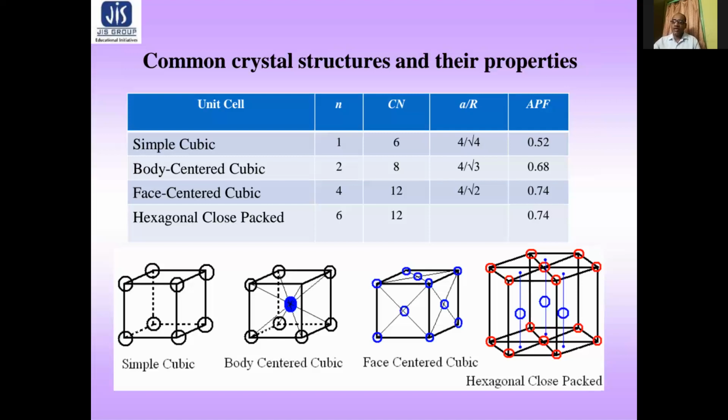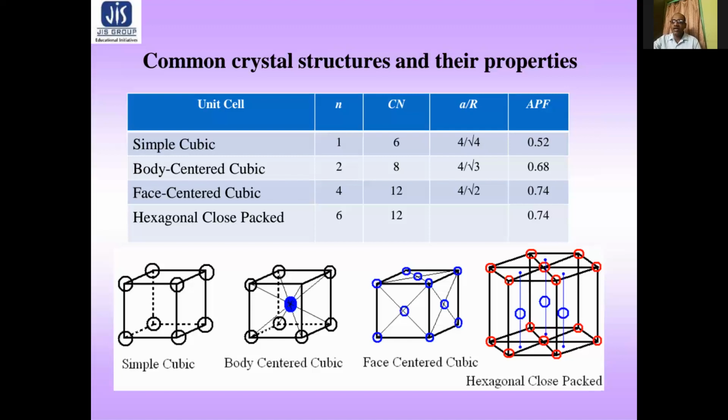And N, the number of atoms per unit cell, needs to be calculated. Also the coordination number, and the APF, the atomic packing factor, which is the fractional volume of the cell actually occupied by hard spheres.